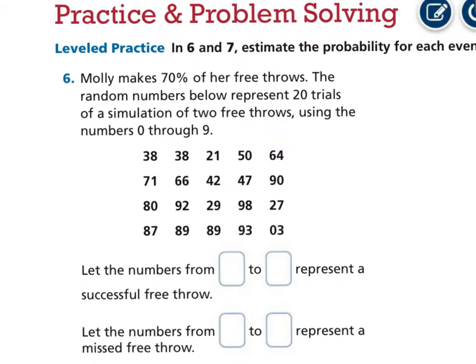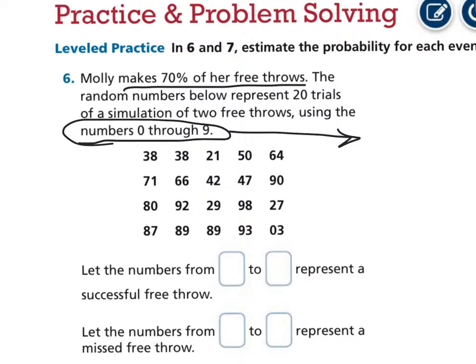Keep in mind she makes 70% of her free throws. If we're using the numbers 0 through 9, let's think about how many different options that is. 1 through 9 would be 9 numbers. If you count it out, 0 through 9, you have just enough fingers. That would be 10 options.